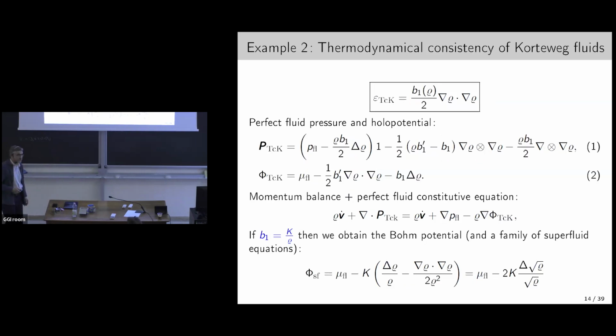Let's see another example. Again, let's see this epsilon has this form. Again, quadratic, but with undetermined coefficients. And then we can calculate that this is a particular Korteweg fluid where the coefficients are restricted. Every coefficient is generated from this generator in a non-trivial way. And of course, the corresponding, let's say, holographic potential or whatever can be calculated.